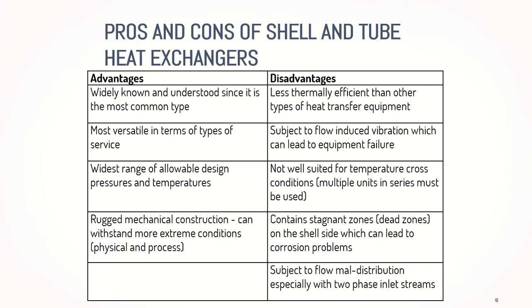If the vibration level is very high, we can have equipment failure. It's also not well suited for temperature cross conditions where multiple units in series must be used, and it contains stagnant zones on the shell side which can lead to corrosion problems.